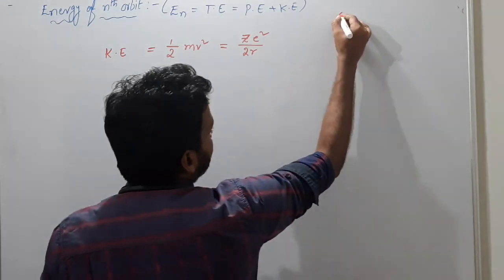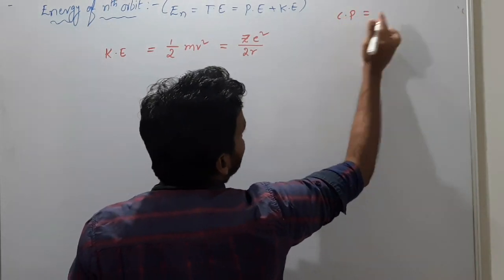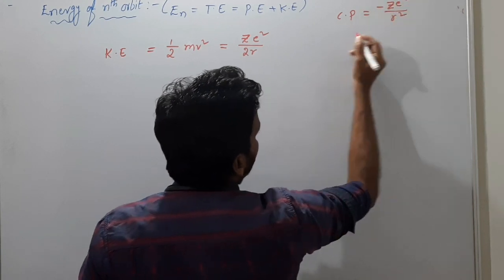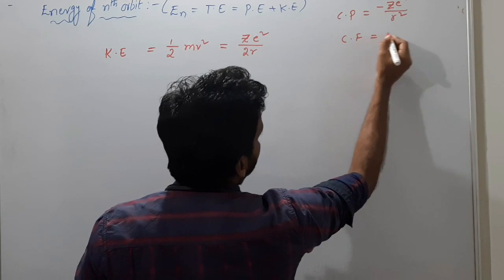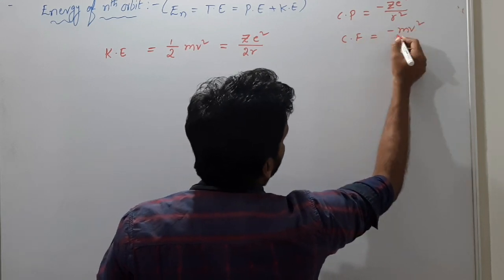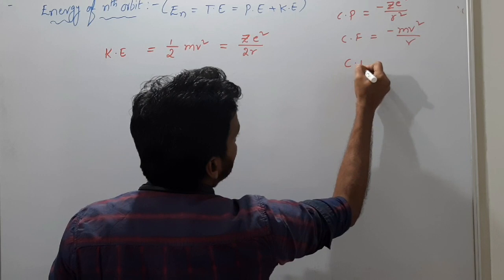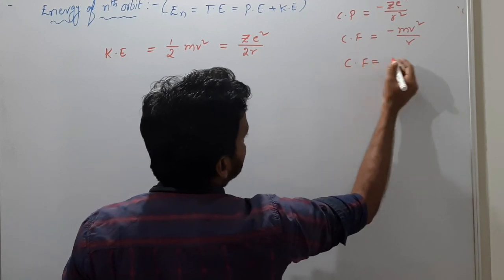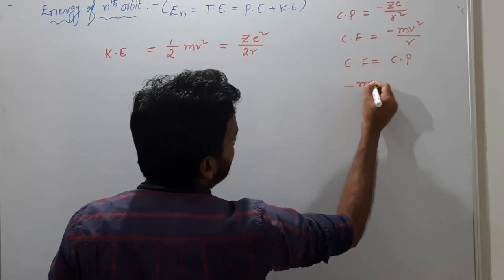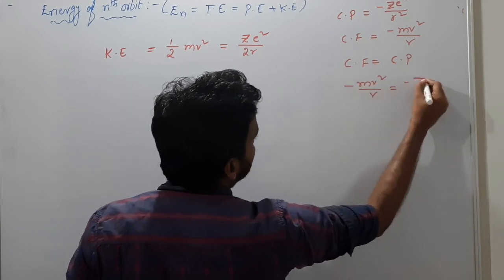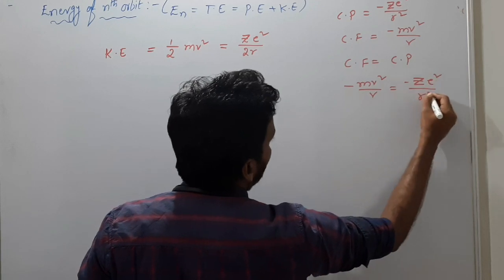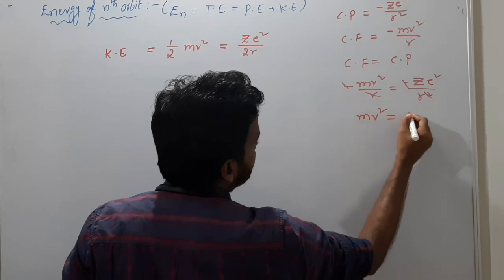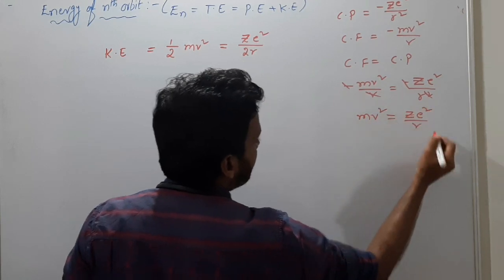You know the centripetal force and centrifugal force. Centripetal force is minus Ze square by r square, and the centrifugal force is minus mv square by r. Both are equal. Minus mv square by r is equal to minus Ze square by r square. Minus minus cancel, r cancels. So mv square is equal to Ze square by r.